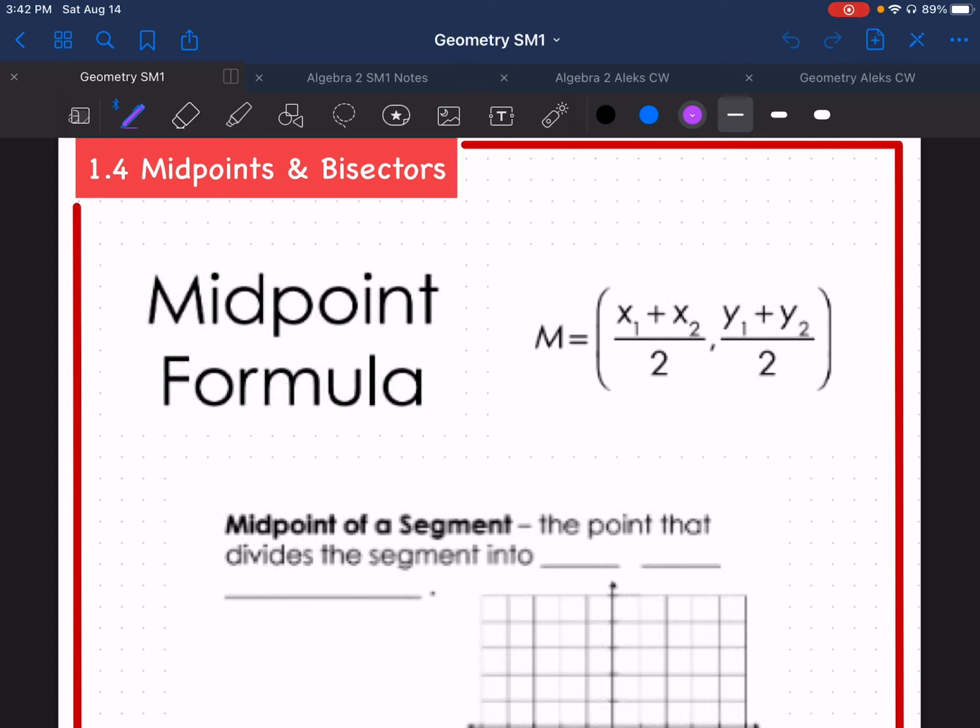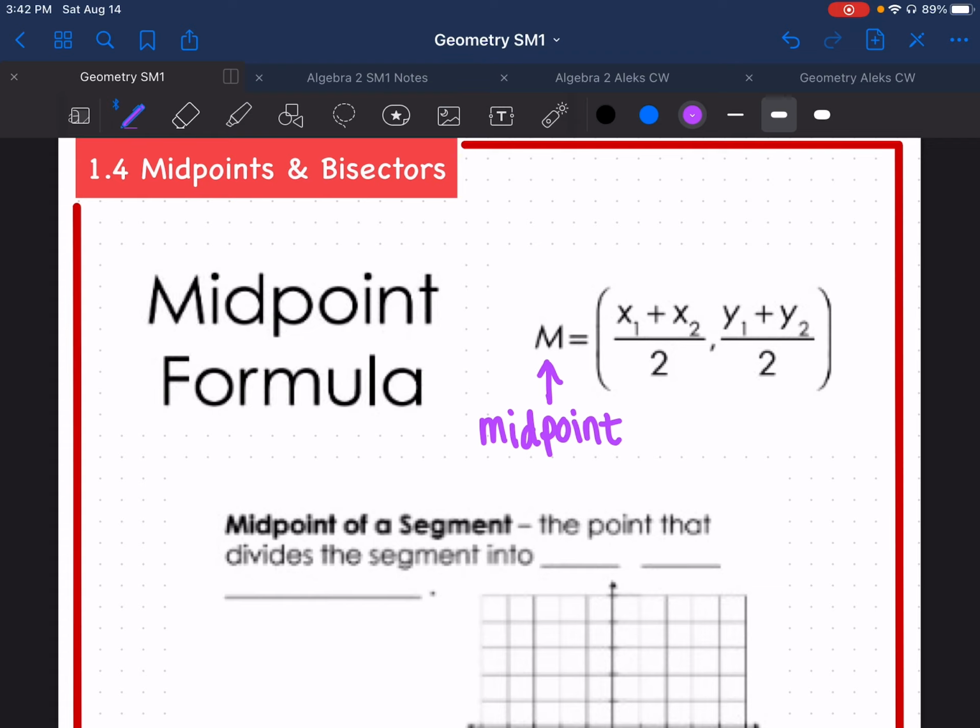Now, the midpoint formula is, as such, M, my midpoint. This capital M right here stands for midpoint. It's very common for me to choose that letter for the midpoint of a segment, but it's not necessary.